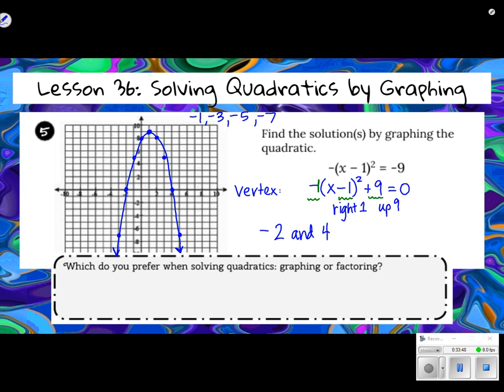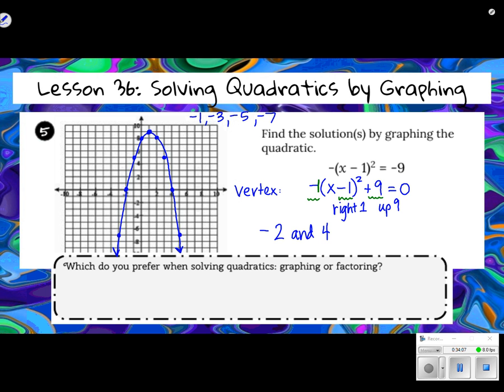You can even do this in vertex form, where you figure out, do I go left or right, do I go up or down, and then graph that and see where it crosses the x-axis. So we're using all of our graphing components and the 3 different types of graphing to help us get the graph on there as well as figure out what the x-intercepts are.